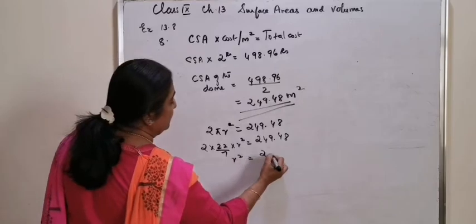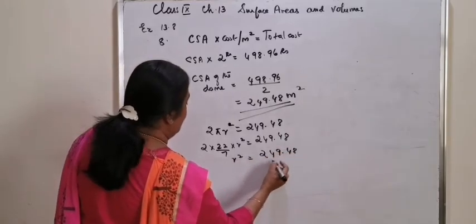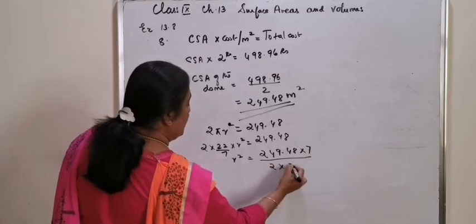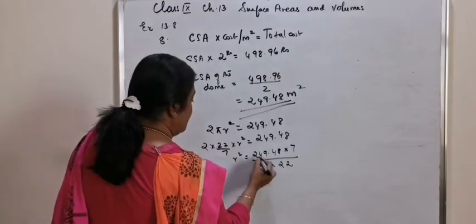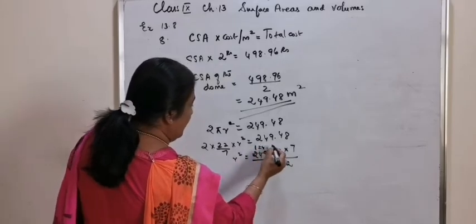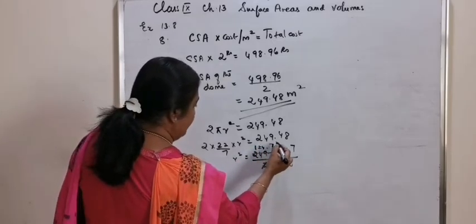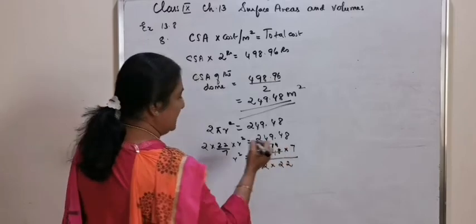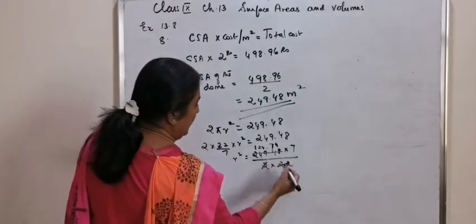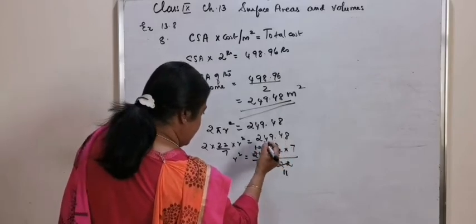R square is equal to 249.48 into 7 by 2 into 22. Simplify with 2, 124.74, and now with 2 again, 11, it is 62.37.